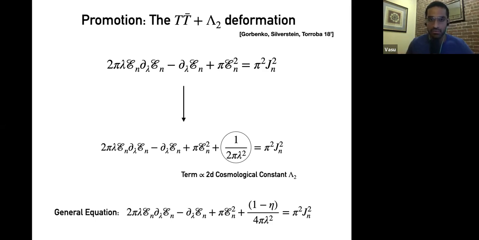Instead, they're set where I can compare them with the pure TTbar deformation, so basically at very large lambda. There are other choices one can make, and this too is a topic of ongoing interest in research. But for now, I'll keep this general equation and proceed to find the flow equation for the partition function that follows from this general equation for the flow of energy levels.